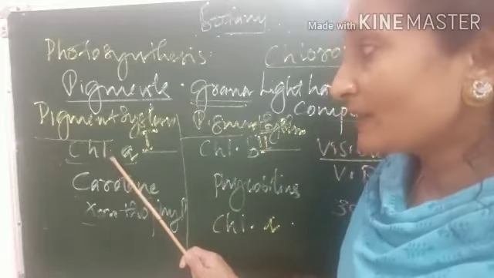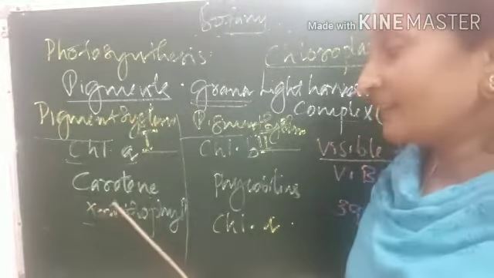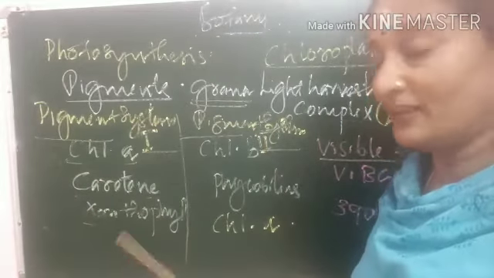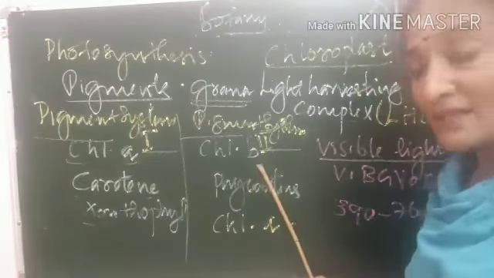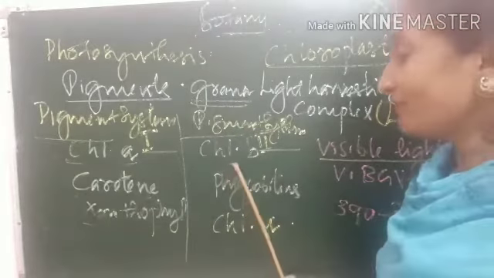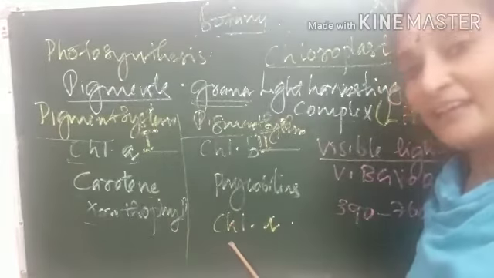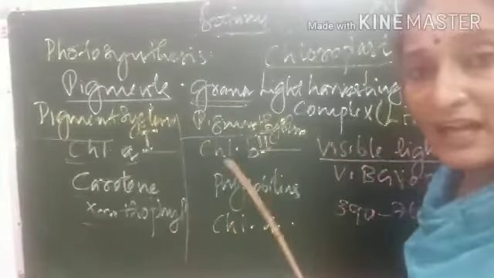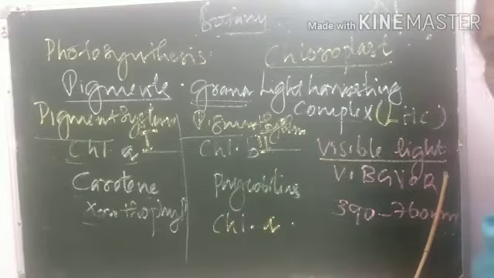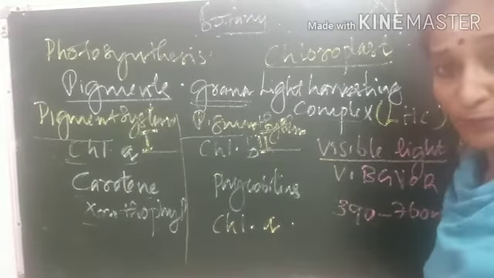The chloroplast pigments under pigment system 1 are chlorophyll A, carotene and xanthophyll. Those under pigment system 2 are chlorophyll B, phycobilins and another form of chlorophyll A. These pigments absorb visible light of wavelength 390 to 760 nanometer.